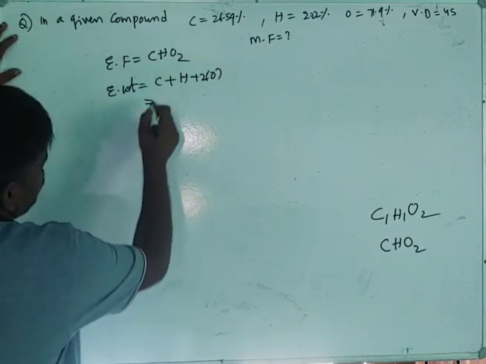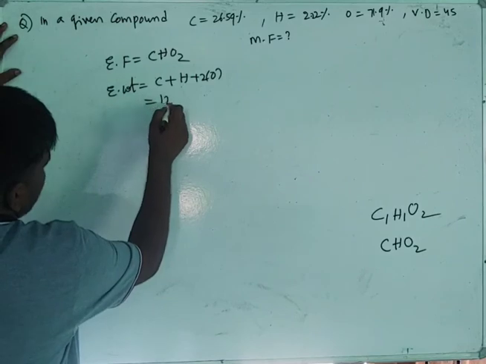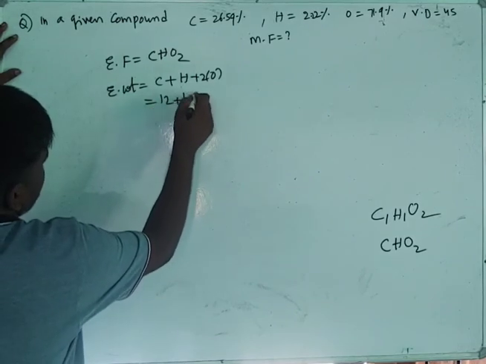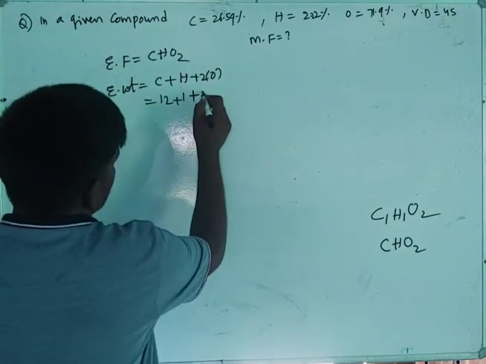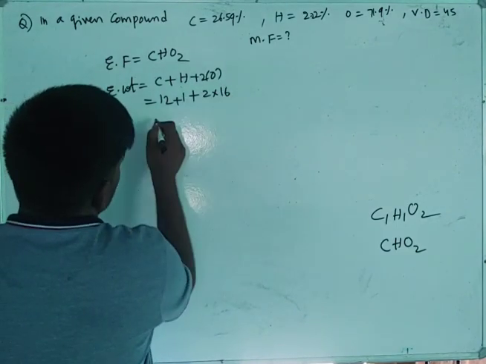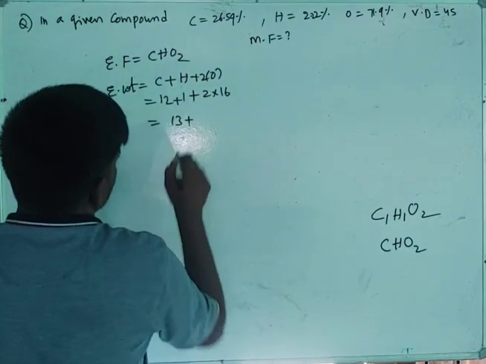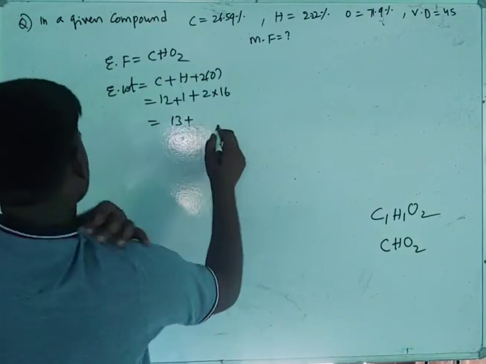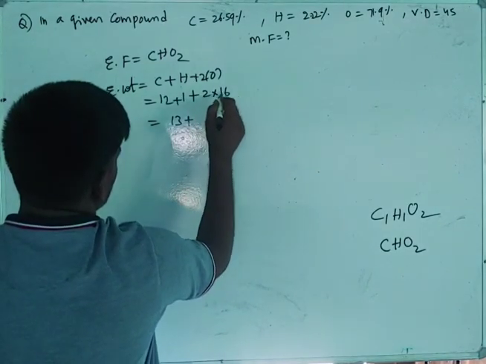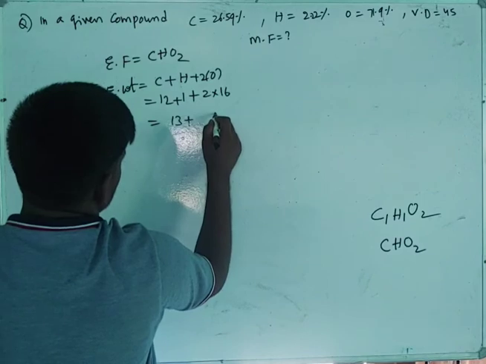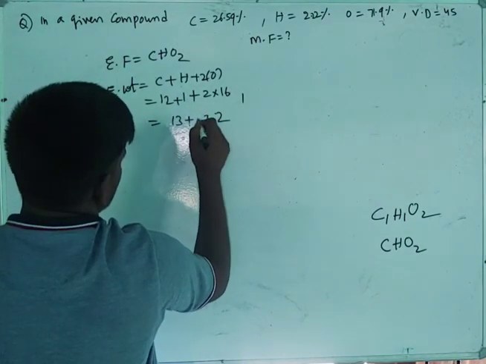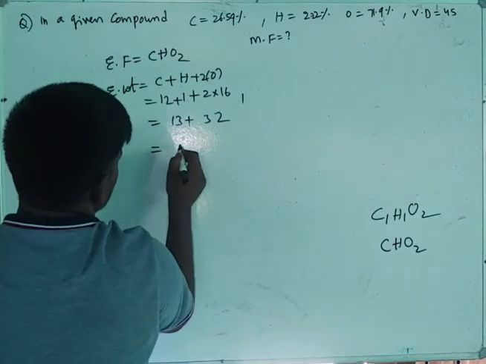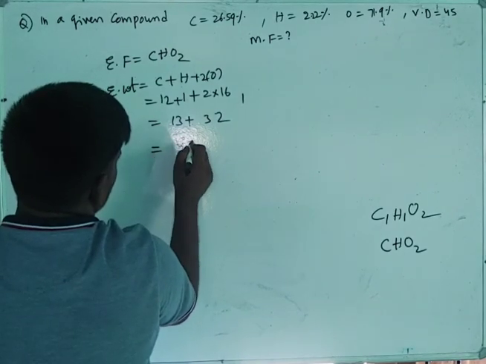So it is equal to 12 plus 1 plus 2 into 16. 12 plus 1 is 13, plus 2 into 16 is 32, so it is equal to 45.